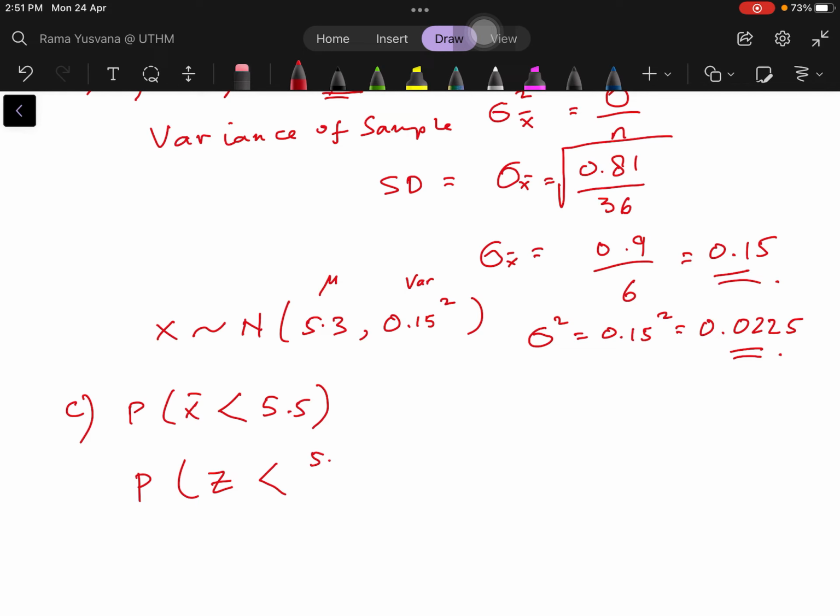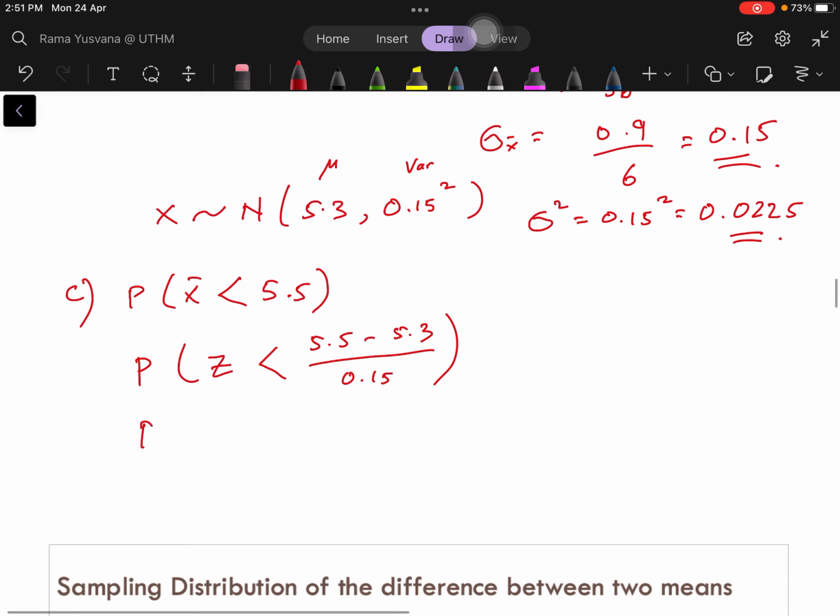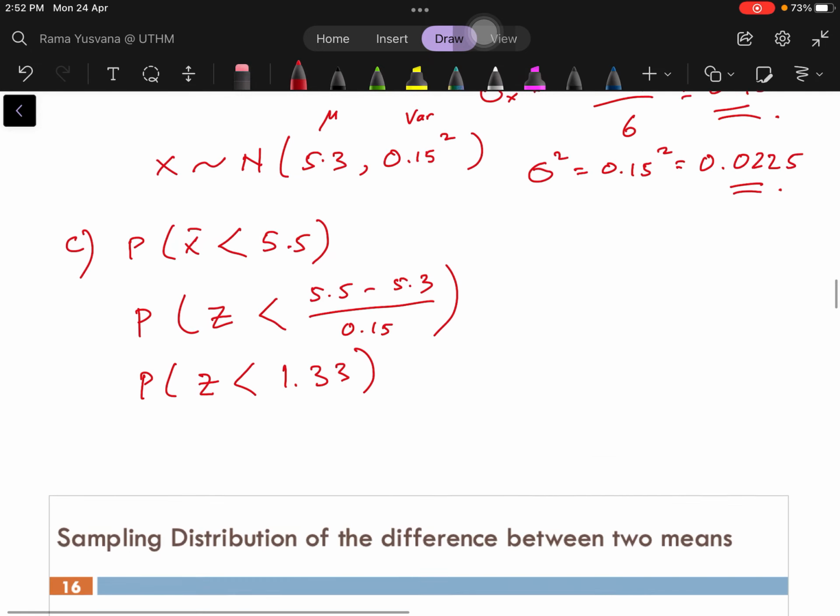The mean is 5.3, and the standard deviation is the square root of the variance, which is 0.15. That gives you z less than a positive 1.33.